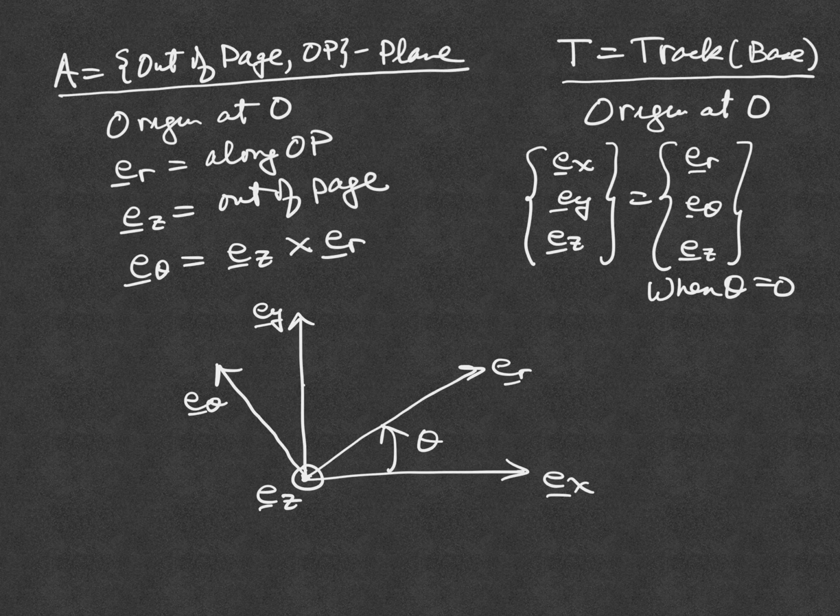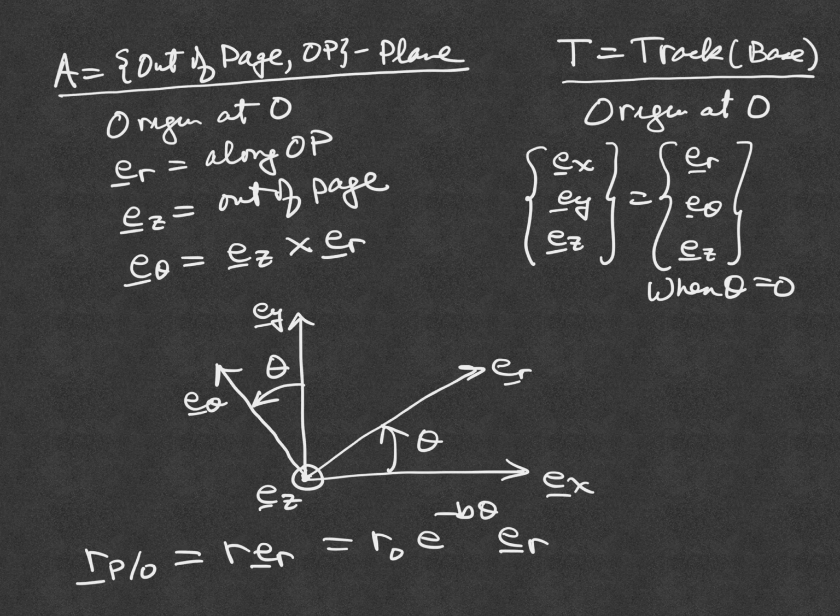This angle is theta. So when theta equals 0, these are lined up. Now, I know that the position of point P relative to O is equal to R ER. But R is equal to R0 times e to the minus b theta. So this is R0 e to the minus b theta ER. So now the first thing I need to do is I need to compute the velocity.